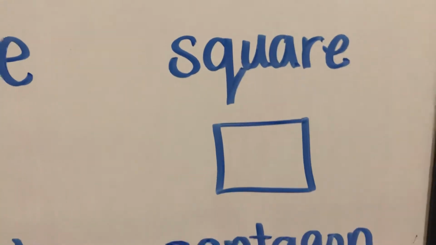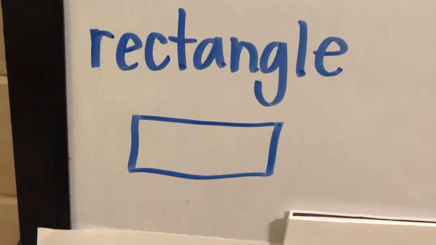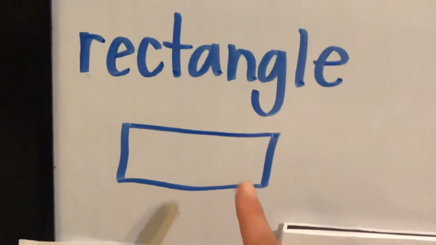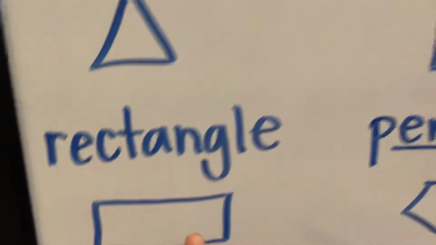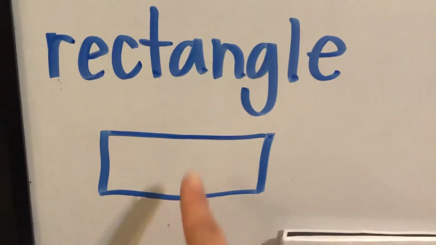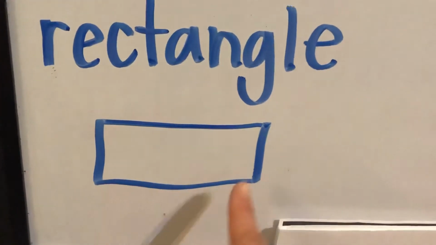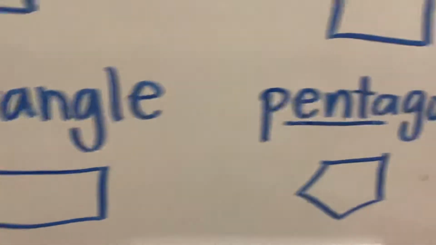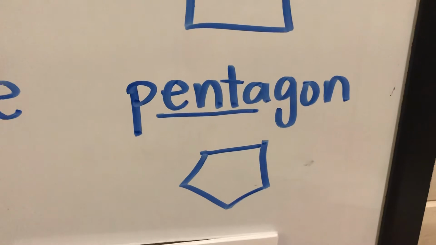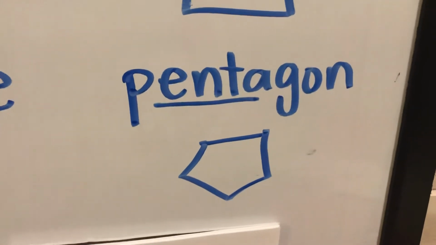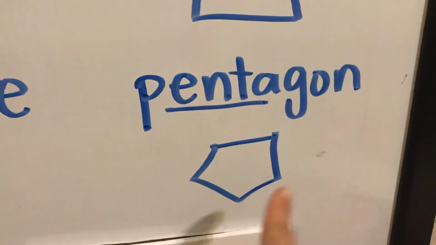A rectangle is like a square, but where a square's sides are all equal, in a rectangle just 2 of them are equal, and these 2 are equal. And it has 4 corners. Pentagon, penta meaning 5, has 5 sides and 5 corners.